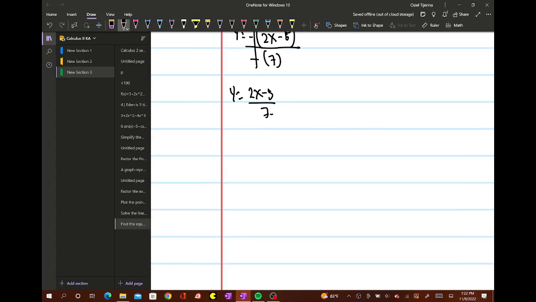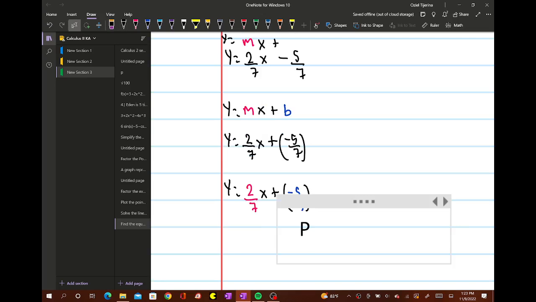So we have y equals 2/7 x minus 5/7. If you think about it, it's like y equals mx plus b, so 2/7 x plus negative 5 over 7. Let me go ahead and write down what I mean in slope-intercept form.